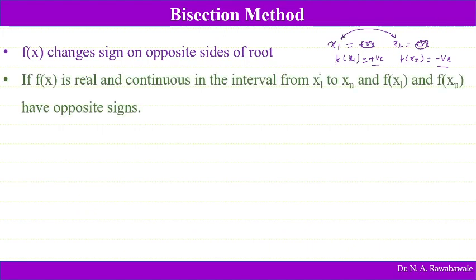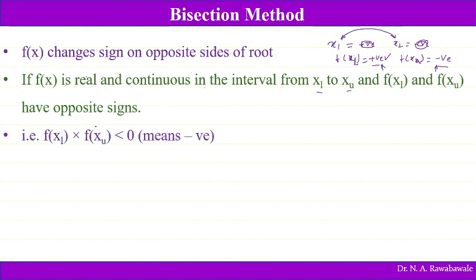So when it is possible, if f of x is real and continuous in the interval xl to xu, xl is lower limit and xu is upper limit. So this root we assume approximate, that lower limit of root is xl and upper limit of root is xu, and f of xl and f of xu have opposite signs. So if we substitute xl positive, and xu negative, or xu as positive and xl as negative, then these two functions have got opposite signs.